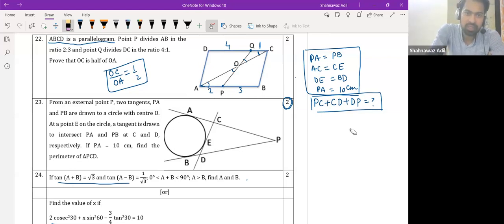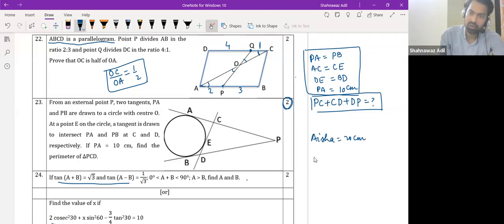Okay. Harshid and Aisha and Amar. Yes, sir. So is it 20 centimeters? Yeah. So Aisha has got 20. Good. Harshid and Amar, what about you guys? This was a very good question. Good.